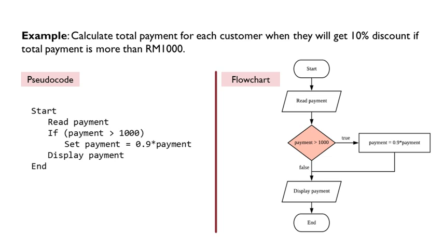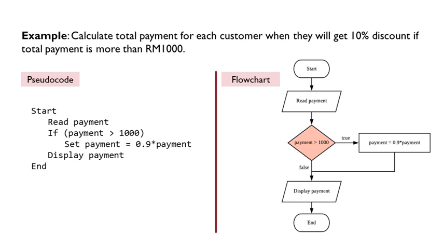So first, you must always remember that before we start a program, we have to do a pseudocode and a flowchart. We have to do the program design. First is program analysis, and then the program design.